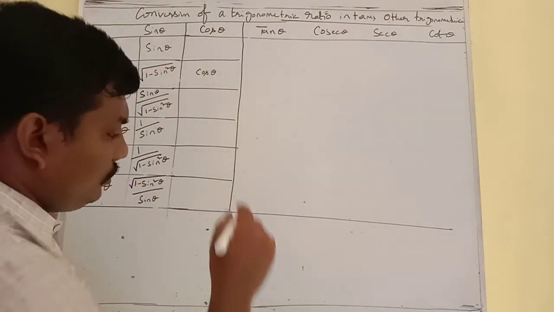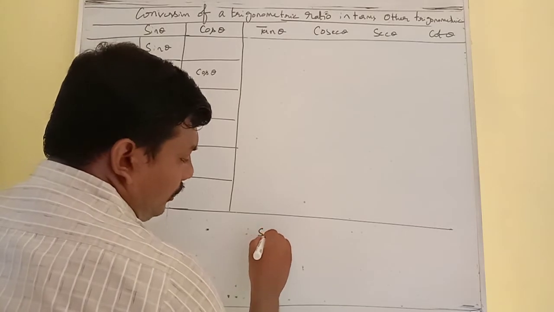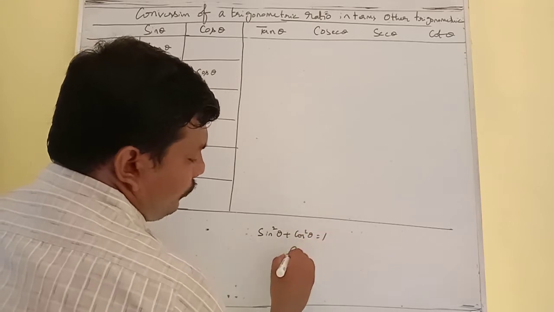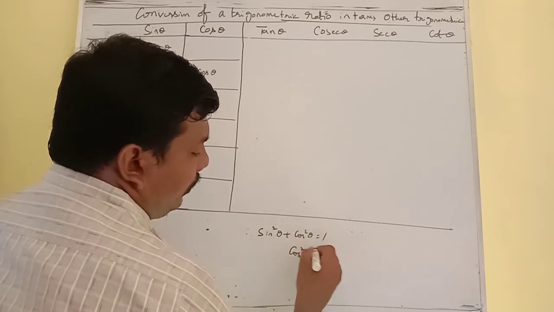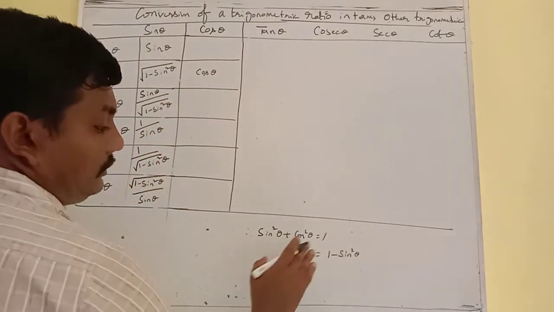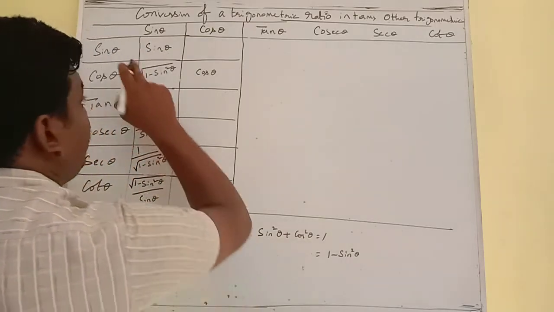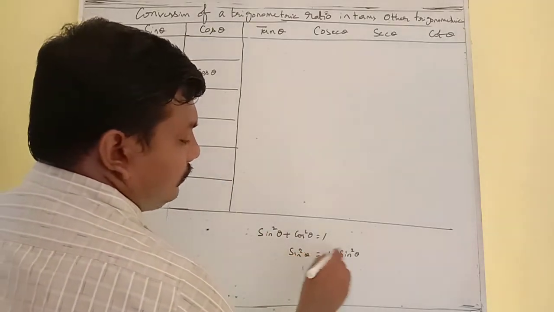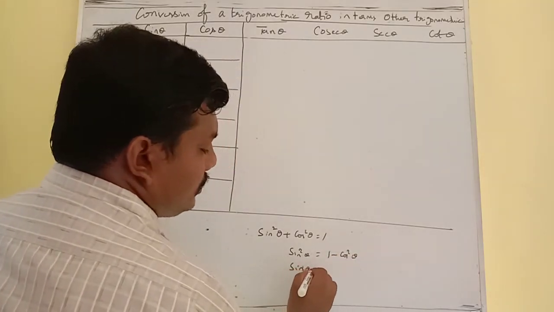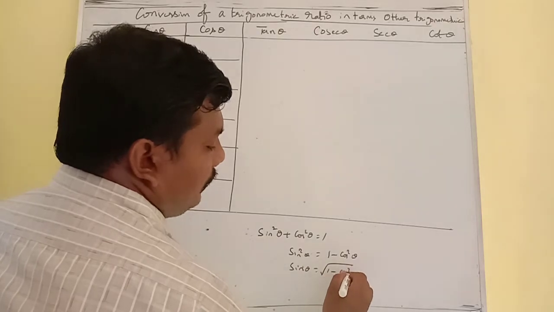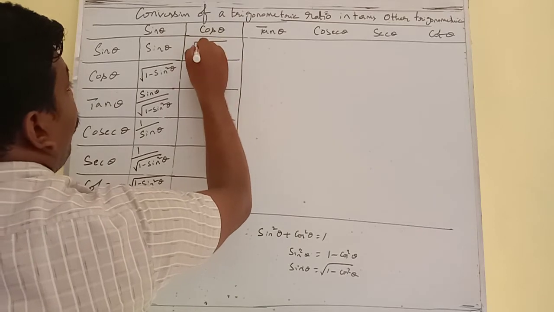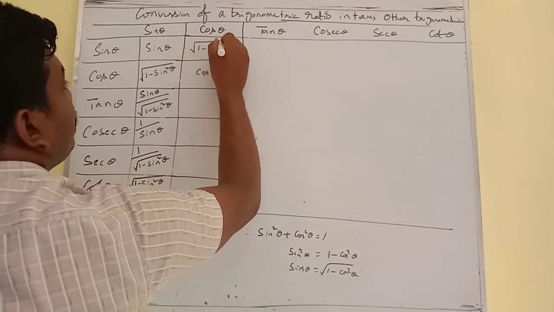From the first identity, sine square theta plus cos square theta equals 1, we find sine square theta equals 1 minus cos square theta. Then sine theta equals root of 1 minus cos square theta. In the place of sine theta we write root of 1 minus cos square theta.